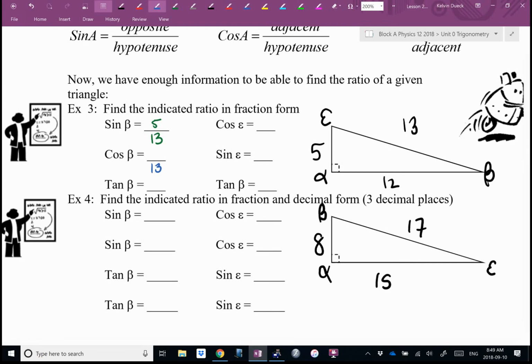I think 5 is opposite to beta. 12. Good. Tangent is opposite over adjacent. Opposite over adjacent. 5 over 12.